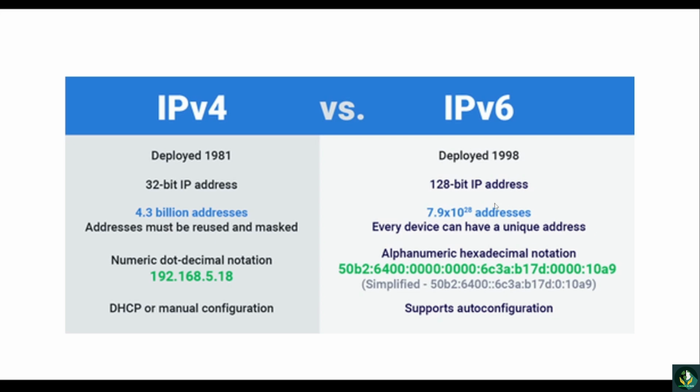IPv4 is written in decimal, and IPv6 is in hexadecimal. You get IPv4 either through DHCP or through manual configuration, and IPv6 supports auto configuration. That's the difference between IPv4 and IPv6.